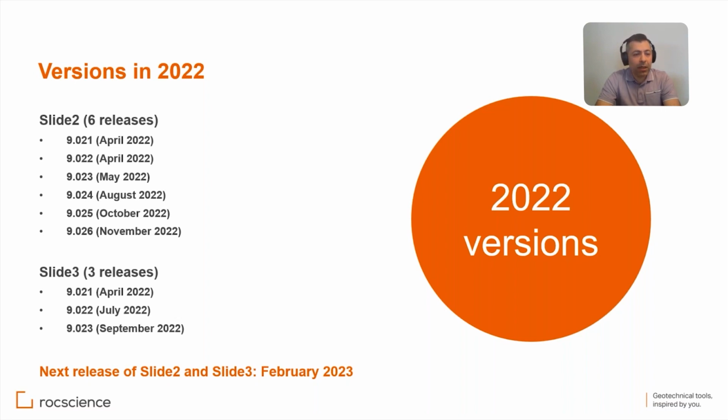And for Slide3, we released 3 major updates as well. The next release of these two software will be at the same time in the next 2-3 weeks, the beginning of February, and that will conclude the development of the 2022 year.